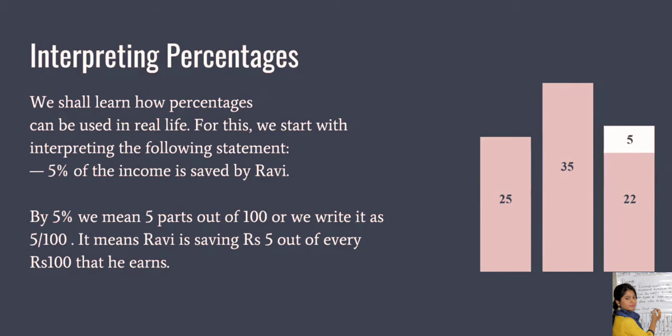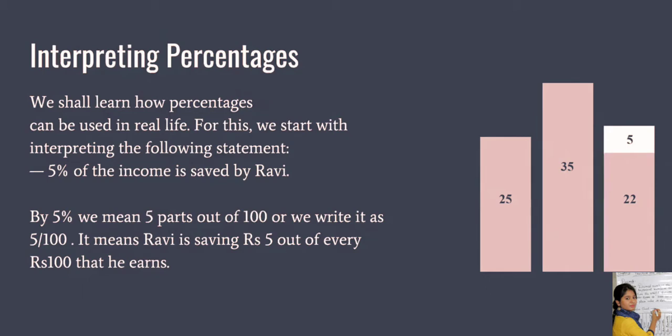And for this, we start with interpreting the following statement: 5% of the income is saved by Ravi. What it means, we are going to talk about this. Let us assume Ravi has 5,000 as his income, so we have to find 5% of 5,000.